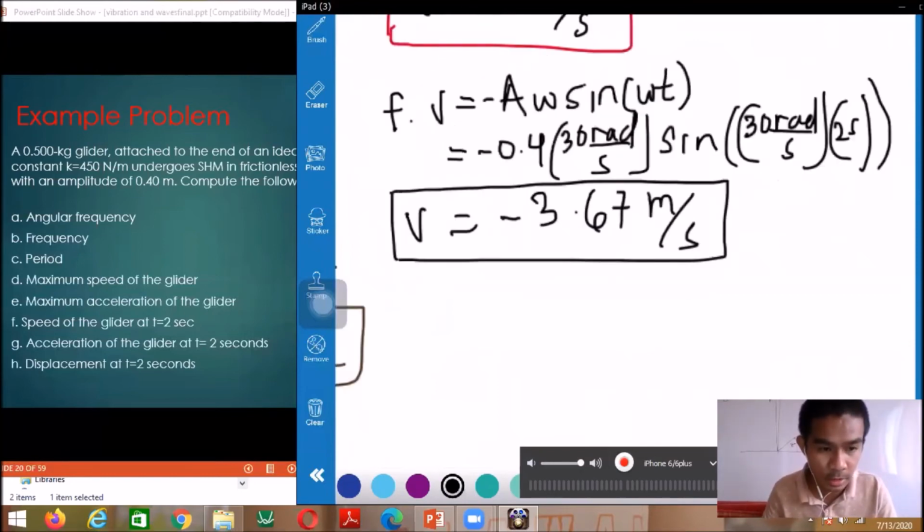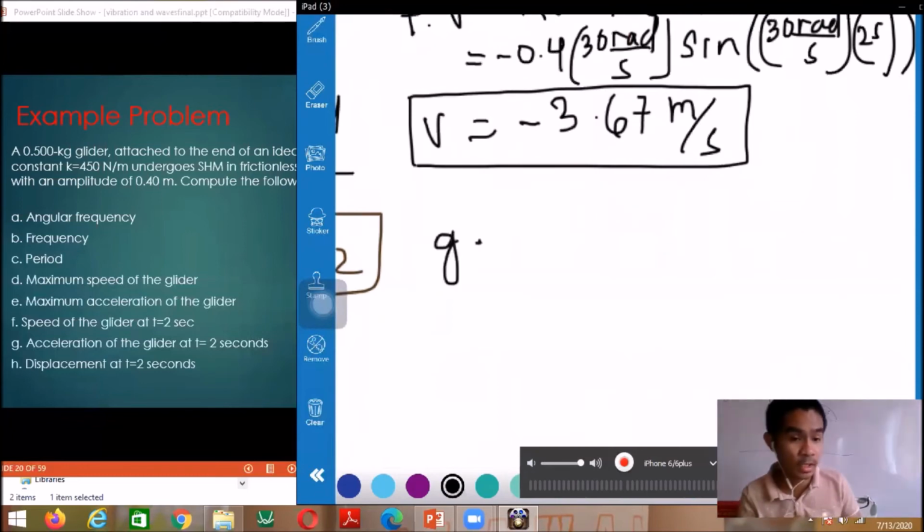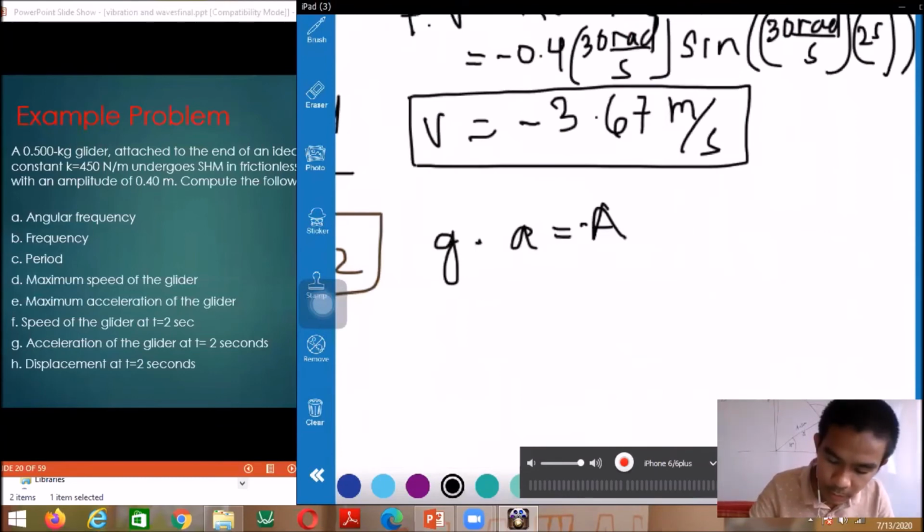Next, the acceleration of the glider at time 2 seconds. It's letter G. So what's the acceleration 2 seconds after the glider is released? The acceleration as a function of time is negative amplitude times omega squared cosine of omega t.